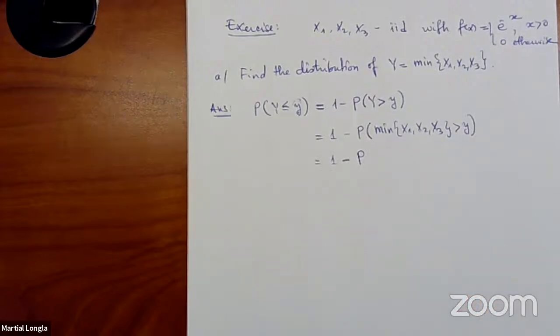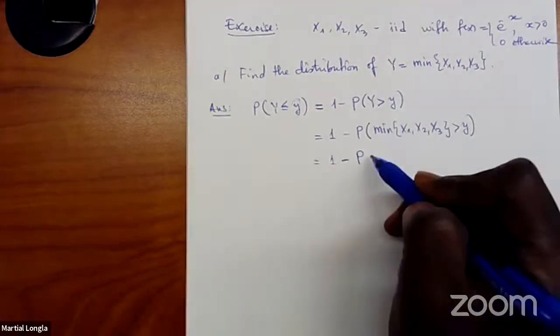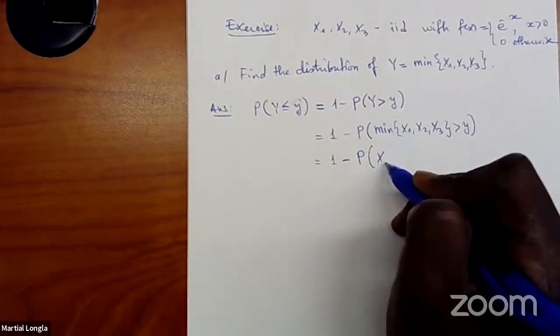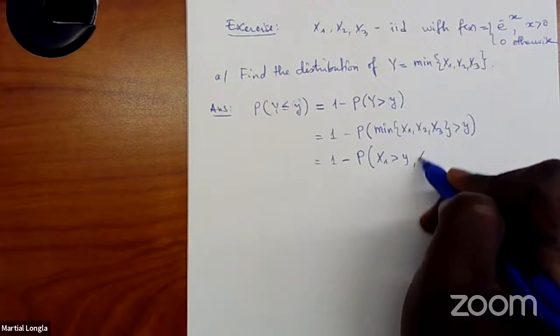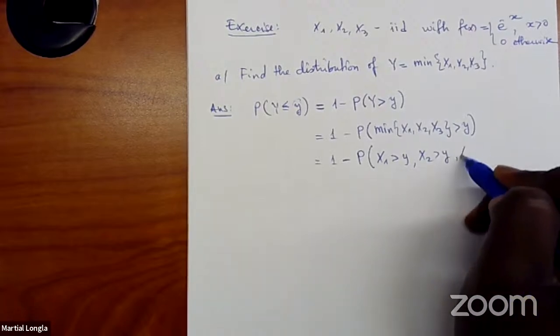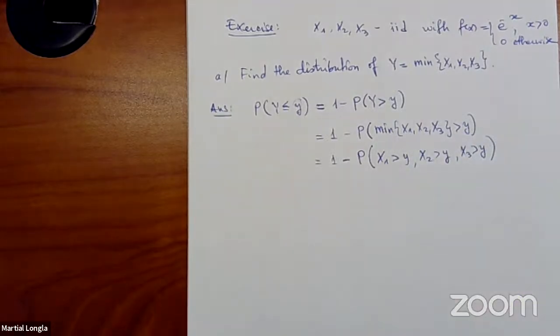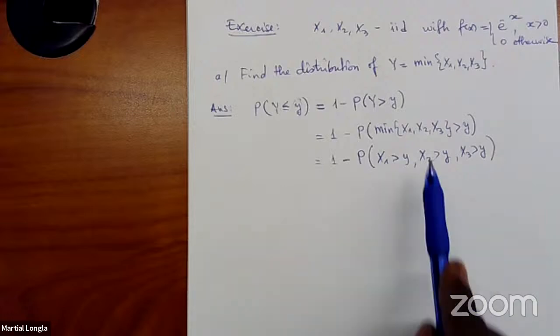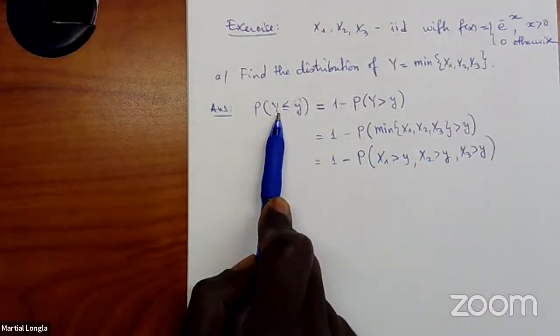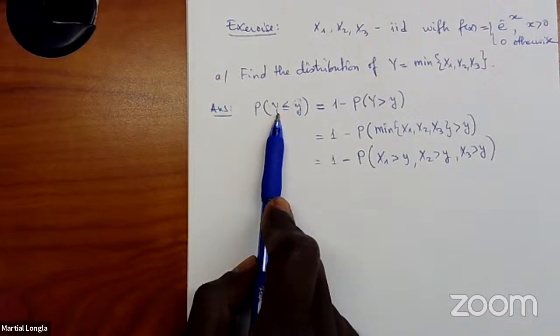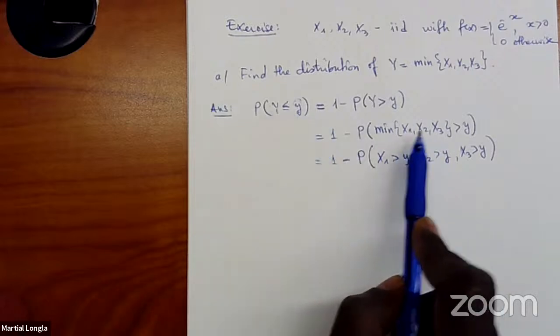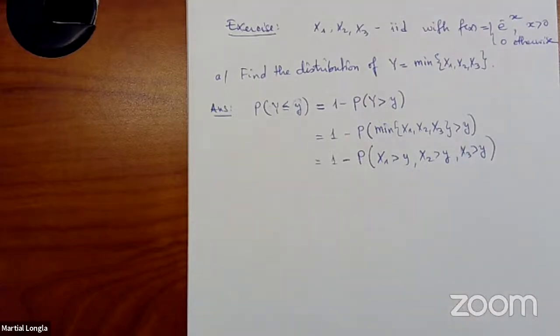And if each of them is larger than y, then for sure the minimum is larger than y. So the two events are the same here: x1 is larger than y, x2 is larger than y, and x3 is larger than y. But you can't say the same about this one here. Pulling the y in between the x1, x2, and x3, you can't do that.